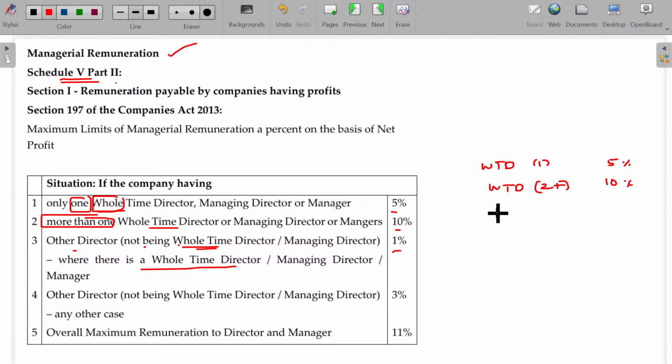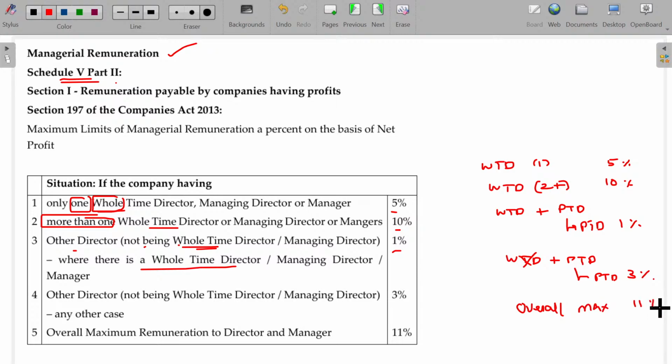You have whole-time directors plus part-time directors, where the part-time directors' remuneration is 1%. We don't have a whole-time director, we have only part-time directors. Then the remuneration to the part-time directors being 3%. Is that okay? Overall maximum being 11%.